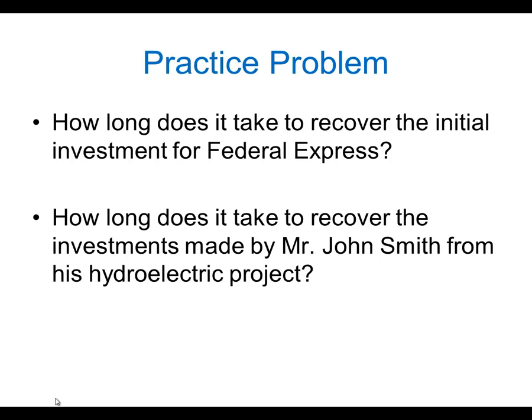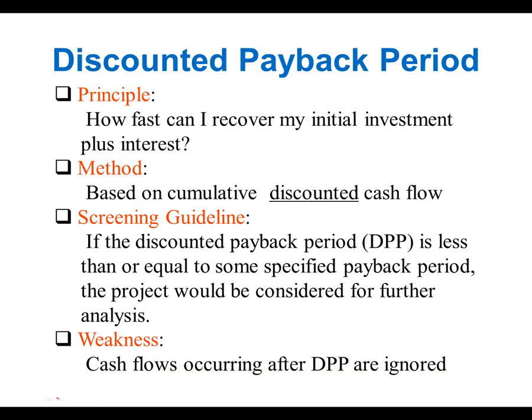You can go back to the FedEx example and the John Smith example and do just the cumulative without using the interest, and see how that would work. Now the correct way to do it is to take interest into consideration, and in this case we call it discounted.